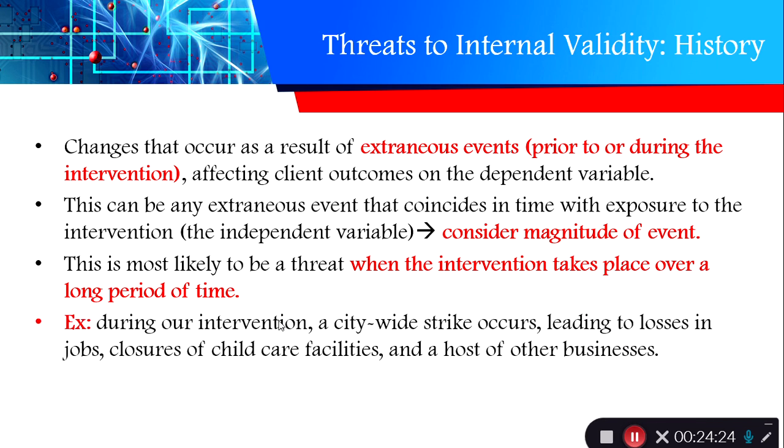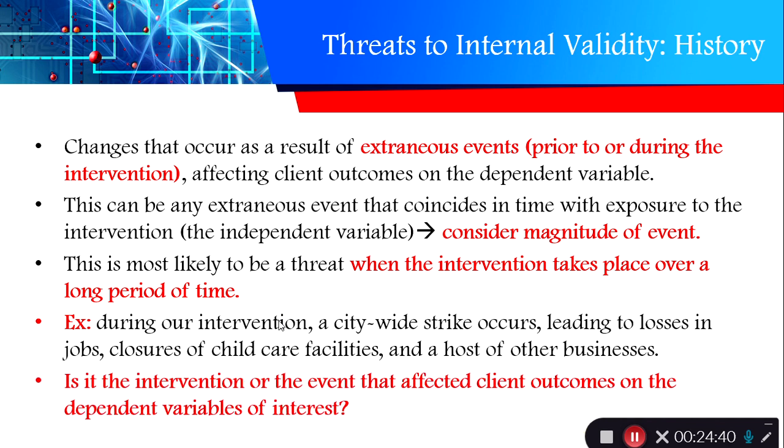So let's just say, or take for example, that during an intervention with non-resident fathers, a citywide strike occurs, leading to losses in jobs, closures of childcare facilities, and a host of other businesses. So is it the intervention or the event that affected client outcomes on the dependent variable?